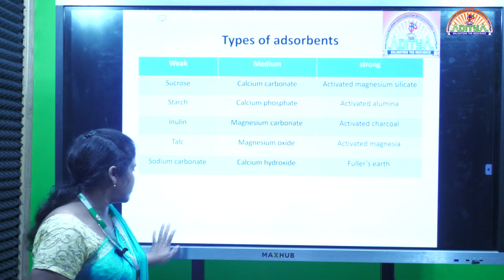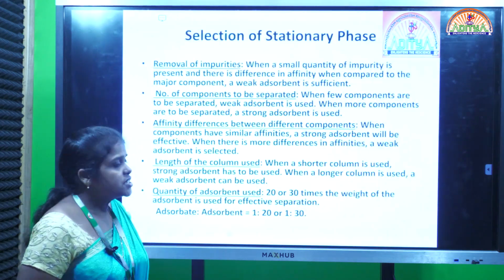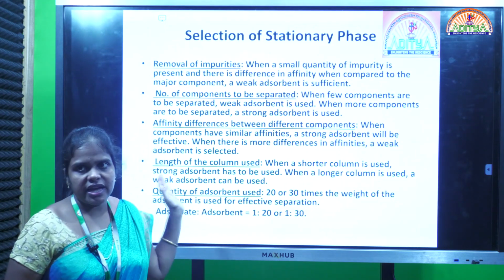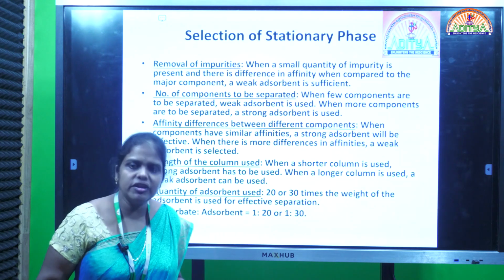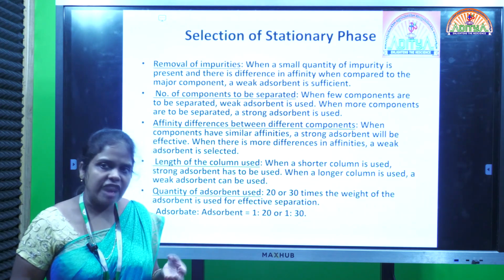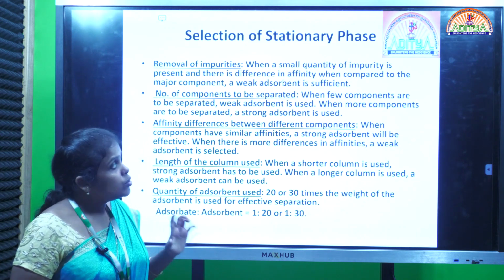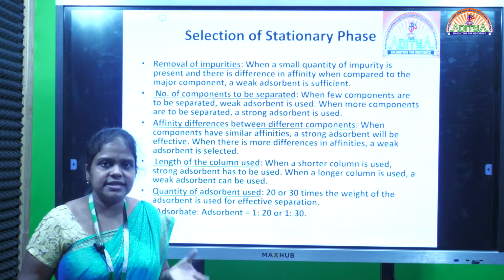These are the different types of stationary phases. Whatever stationary phase we are using, for example, you have already discussed the examples of stationary phases. Among those, which one are we using? Whenever we use a particular stationary phase, what are its requirements? That means how should the stationary phase act?